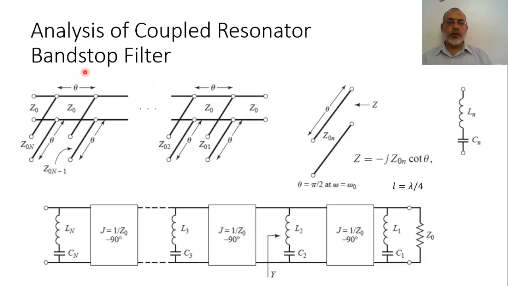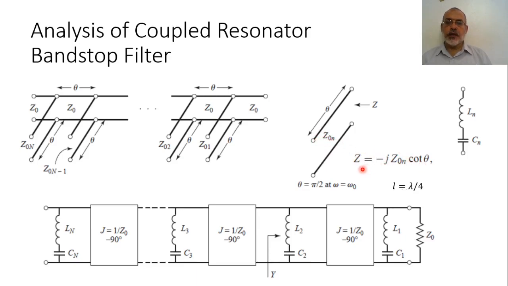For the case of a bandstop filter, the stubs, or the resonators, would be open circuit transmission lines. Open circuit resonators have an input impedance Z equals minus jZ naught n cotan theta, where Z naught n is the characteristic impedance of the nth stub.